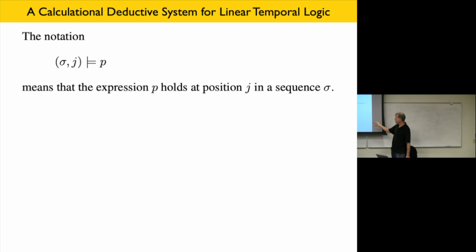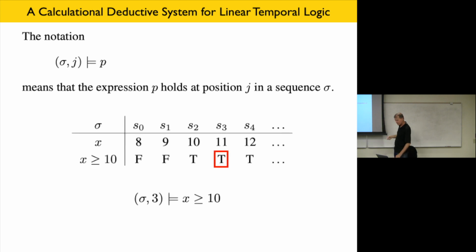So this means that the expression P holds at position J in a sequence sigma. So let's do an example of this. Here is our previous sequence. Now do you see that in state S3, x is greater than or equal to 10 holds? The way we say that is sigma, comma 3, holds x is greater than or equal to 10. Or sorry, x is greater than or equal to 10 holds at state 3 in sigma.